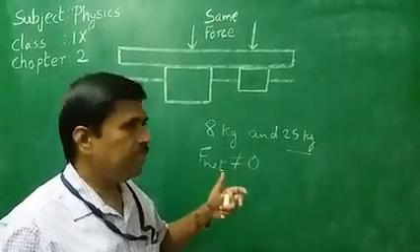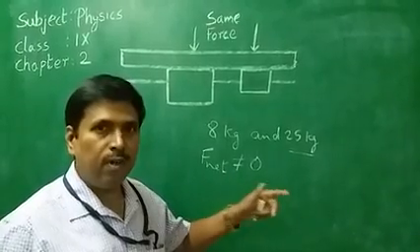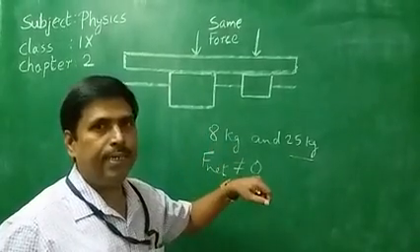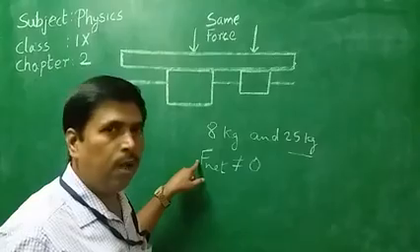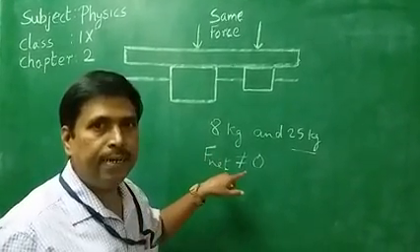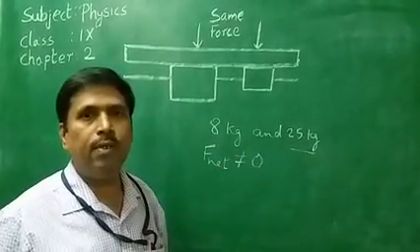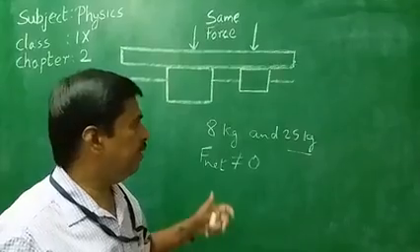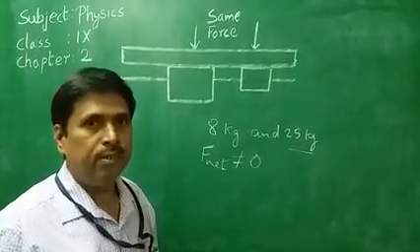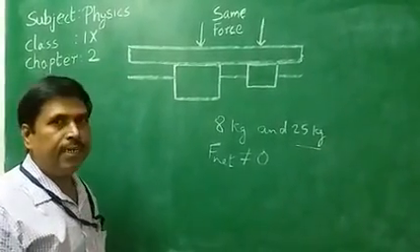So what happens when a non-zero net force acts on an object? Naturally, the object has an acceleration. Whenever you apply a force, the object gets accelerated. So force is the action and acceleration is the result on the object. Based on that, Newton explained the second law of motion. So today's topic is Newton's second law of motion.